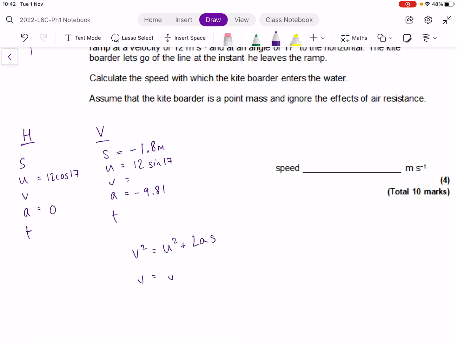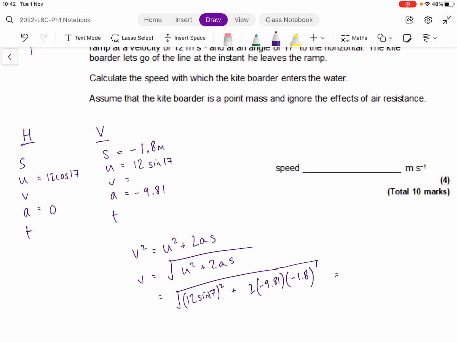So v equals the square root of that. So we've got the square root of 12 sine 17 squared plus 2 times minus 9.81 times minus 1.8.